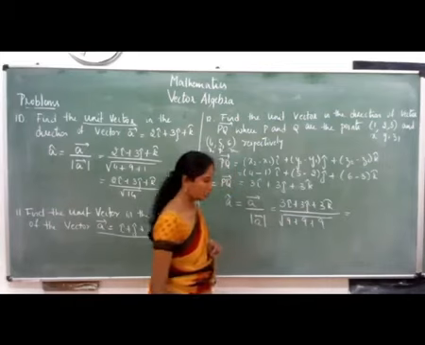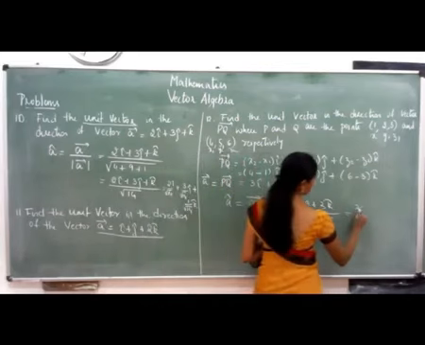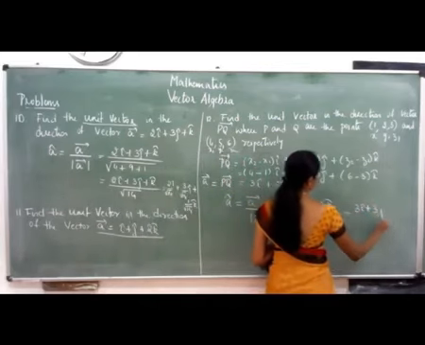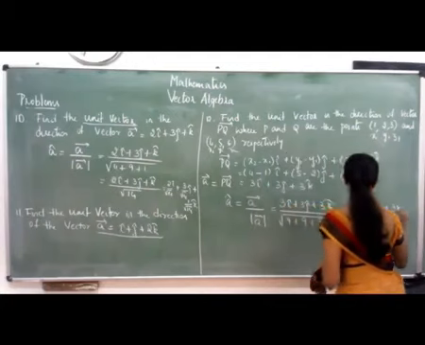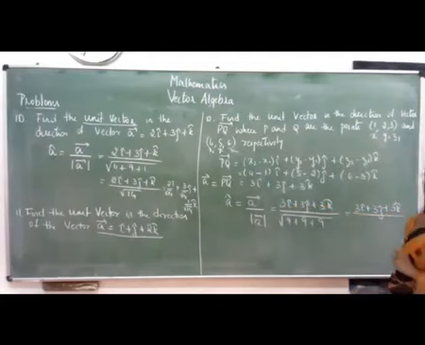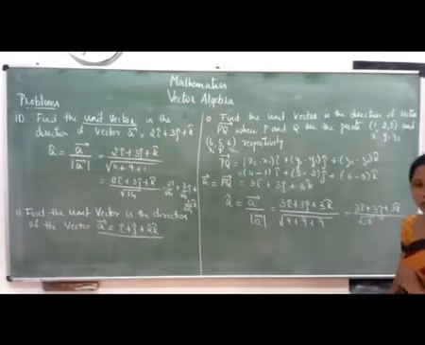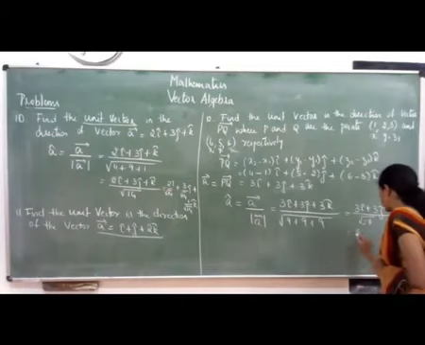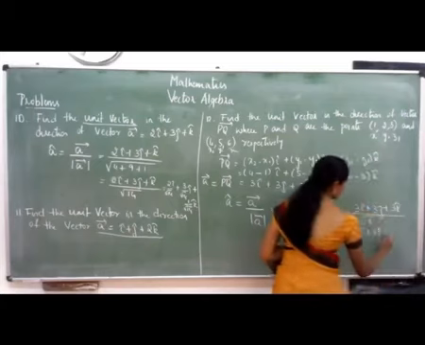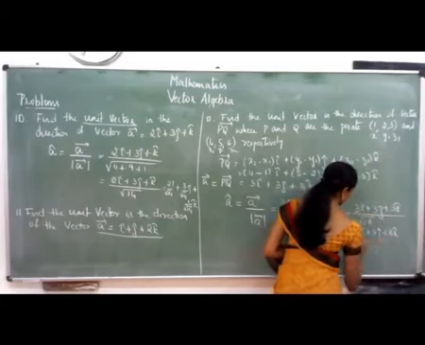So this can be written as 3i cap plus 3j cap plus 3k cap divided by root 27. Root 27 can also be written as 3 root 3. Therefore, 3i cap plus 3j cap plus 3k cap by 3 root 3.